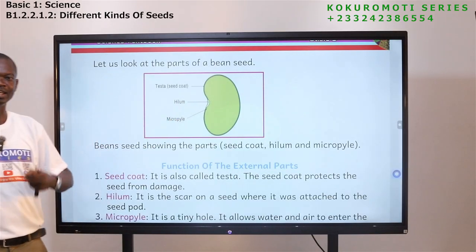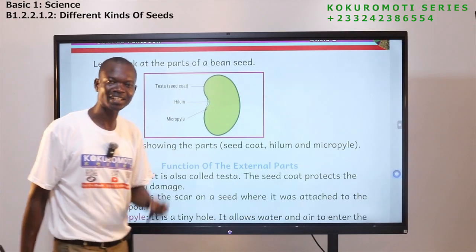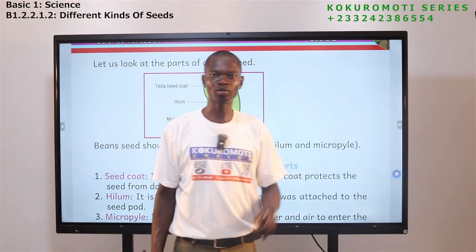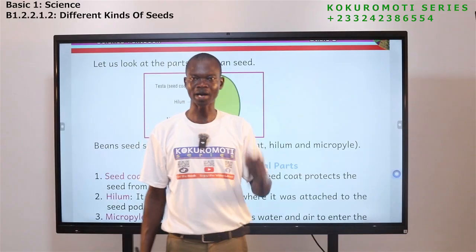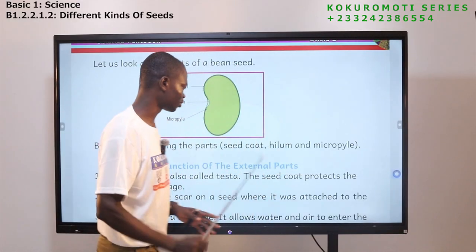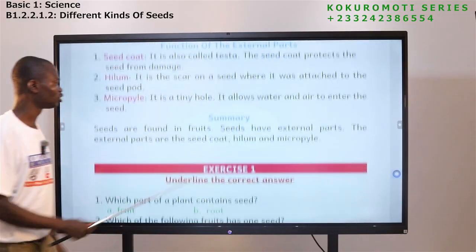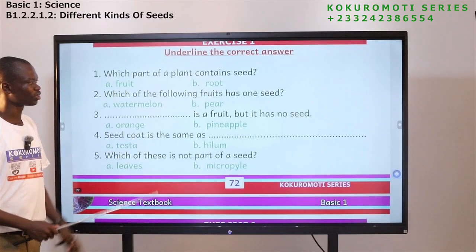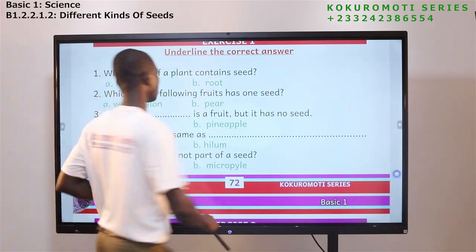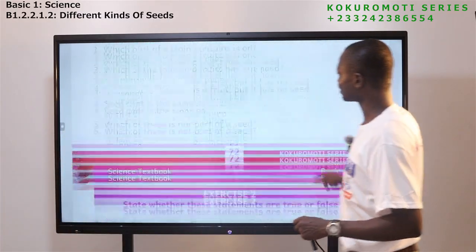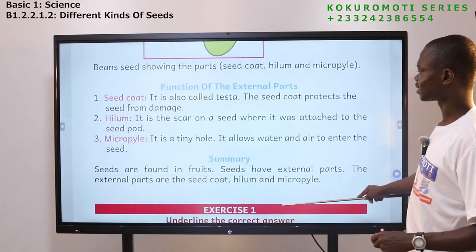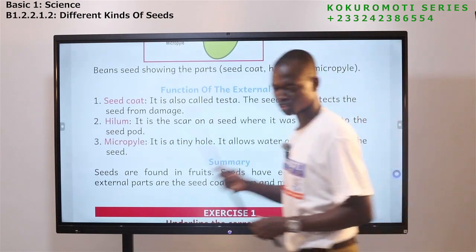Also try and see if you can identify the tiny hole. The tiny hole is what we call the micropyle. This is what we have learned today, and I believe you have understood it. Now these are exercises, but before we look at the exercises, let me ask you these questions.